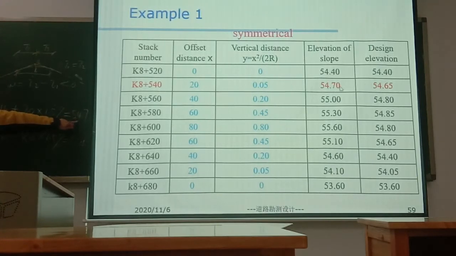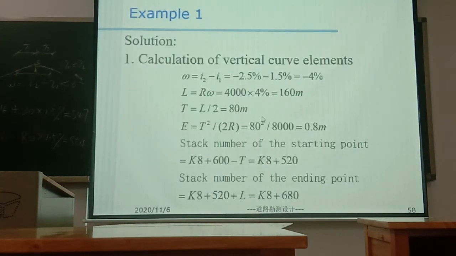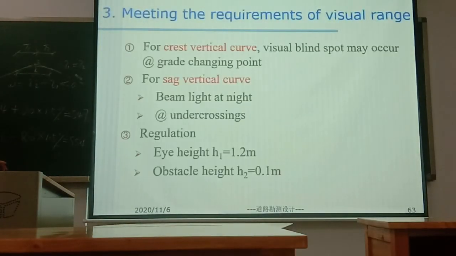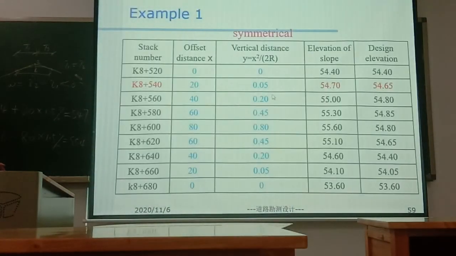For the design elevation, we must minus this one: x squared divided by 2 times the radius, 2R, which is equal to 0.05.